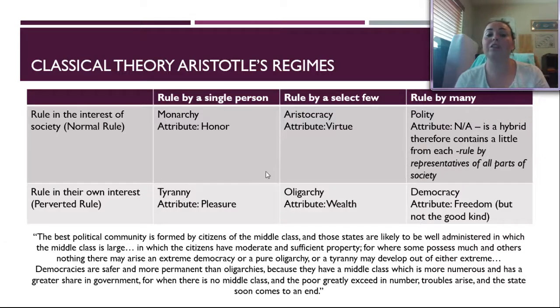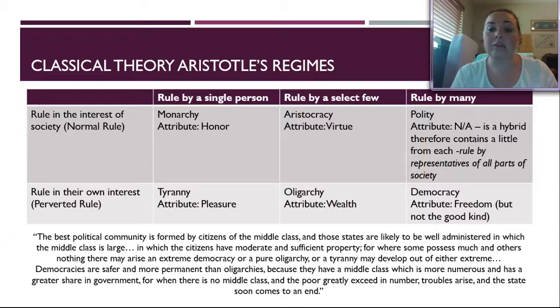Okay? If there are several, if it's a few, like a group of people with virtuous attributes, that can be considered an aristocracy. But if those attributes become very predominant and perverted into something like wealth, accumulation of wealth to one particular group of people, it could be considered an oligarchy. Okay? And then if you have rule by many, you can refer to it as a polity.